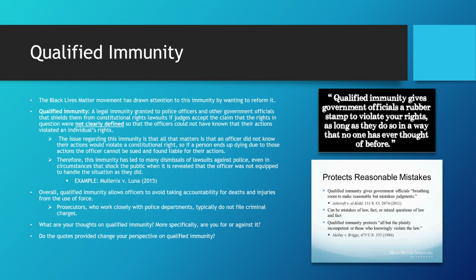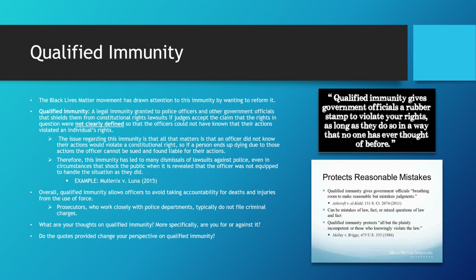He killed the vehicle's driver, even though he knew that the vehicle was about to be stopped by tire puncture devices placed in the road just ahead by other officers who were waiting to apprehend the man who was fleeing from officers seeking to carry out an arrest warrant. Overall, qualified immunity allows officers to avoid taking accountability for deaths and injuries from the use of force.